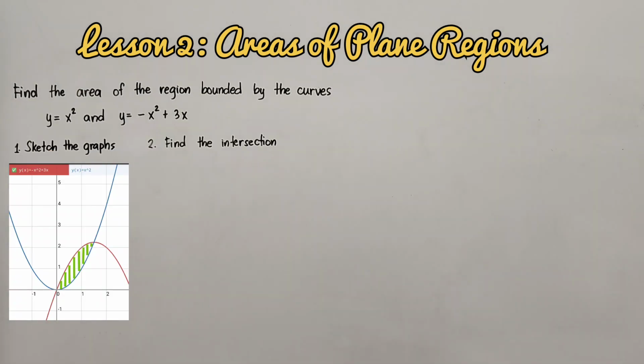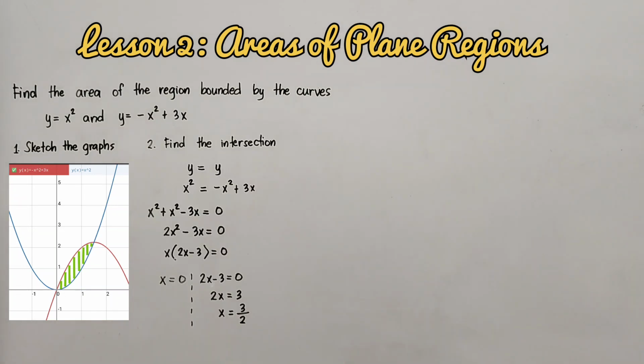For the second step, we are going to find the intersection of the graph. To get the intersection algebraically, we simply equate y equals y and solve for the value of x. Remember that our first y is equal to x squared and the second y is negative x squared plus 3x. Since y is equal to y, we just substitute those y's. So we have x squared equals negative x squared plus 3x.